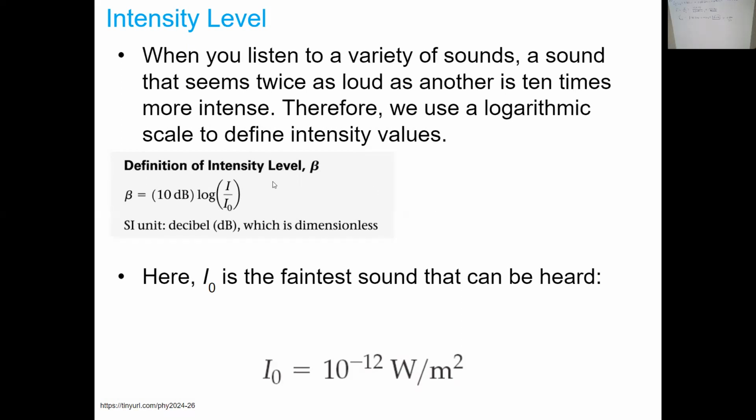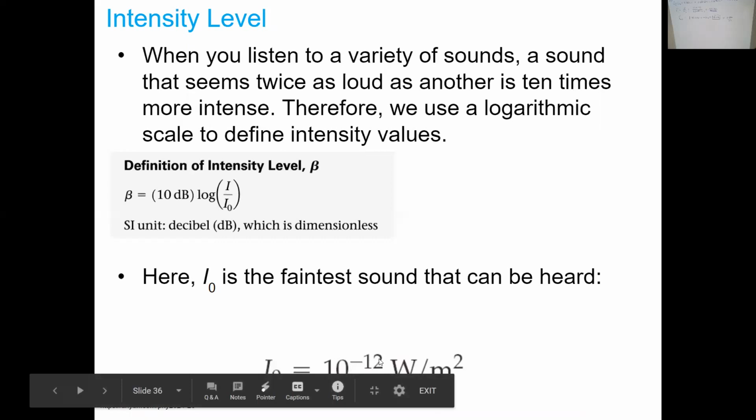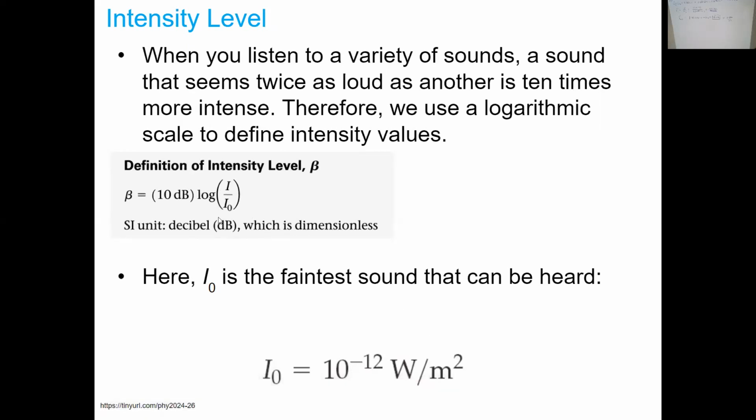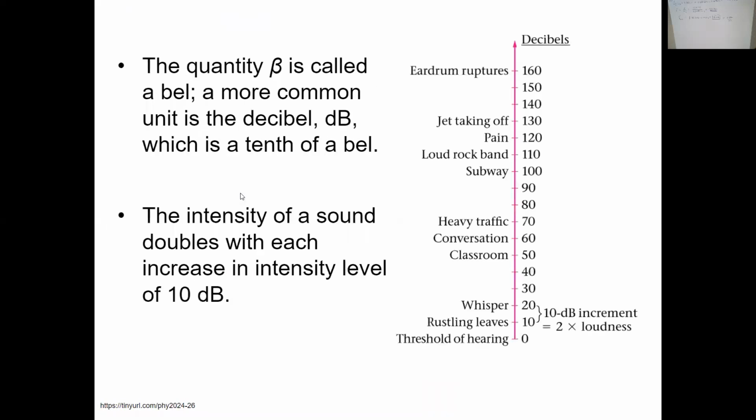That means the intensity level we hear, or our perception of the level, which we call beta, is equal to 10 decibels, the unit we use to describe intensity level, times the logarithm of intensity divided by I naught, which is the threshold of sound that we can hear. The faintest sound that can be heard equals 10 to the minus 12 watts per meter squared.